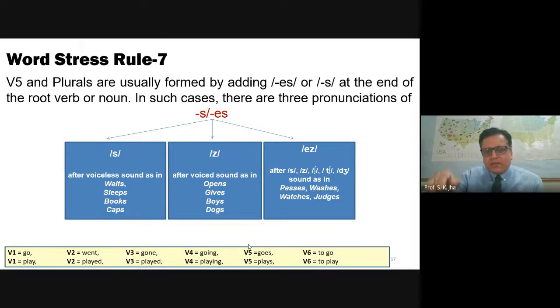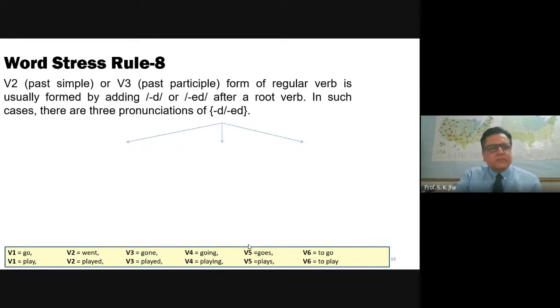After pass, you have ES: passes, washes, watches, judges, buses, wishes, watches, wages. So these are a few rules to remember. I have also given you here different forms of verbs so that you should not confuse what is V5, what is V4, because even the next rule will talk about the V2 form.